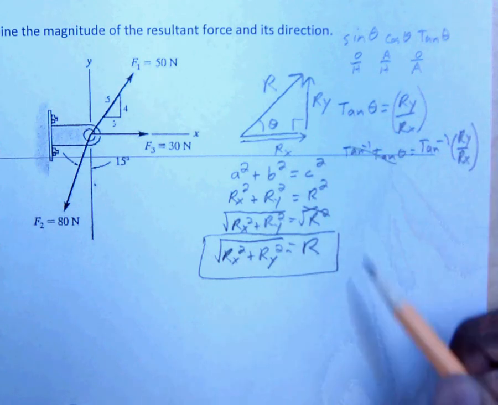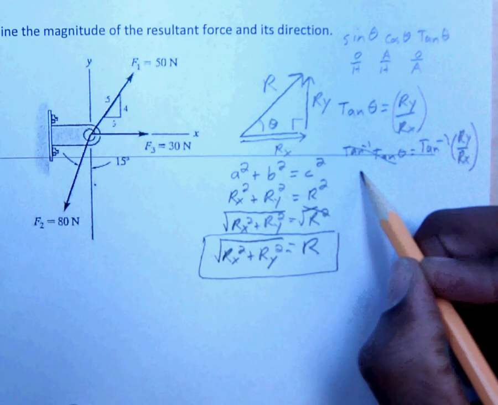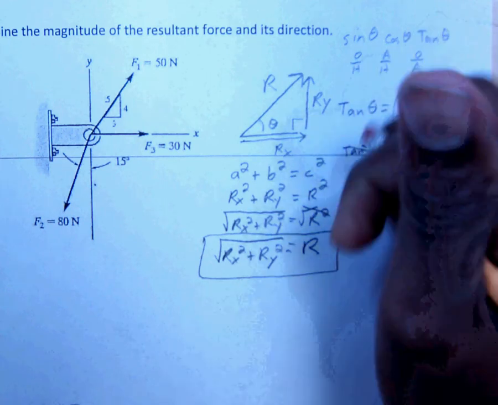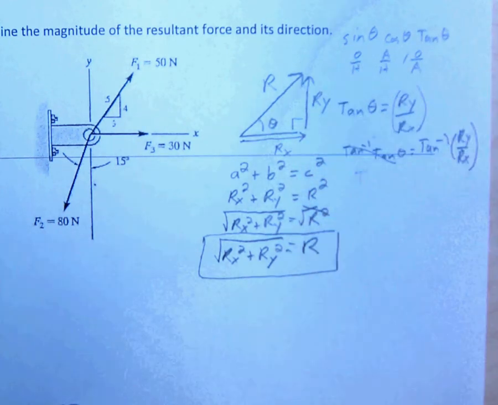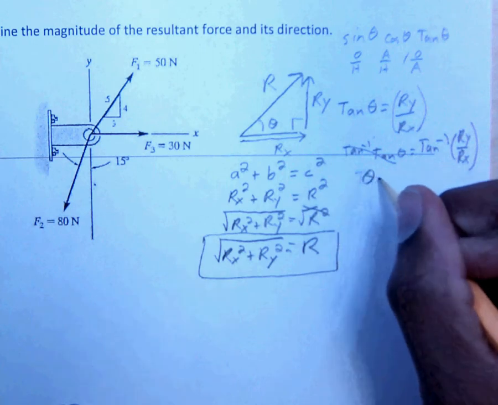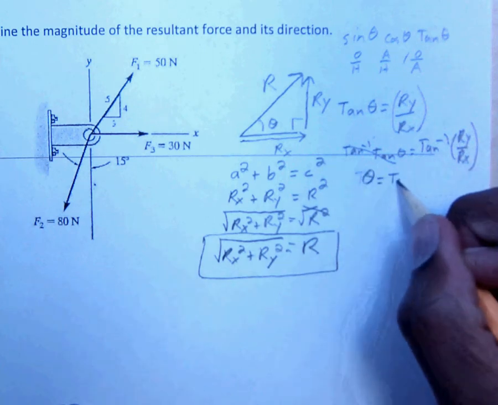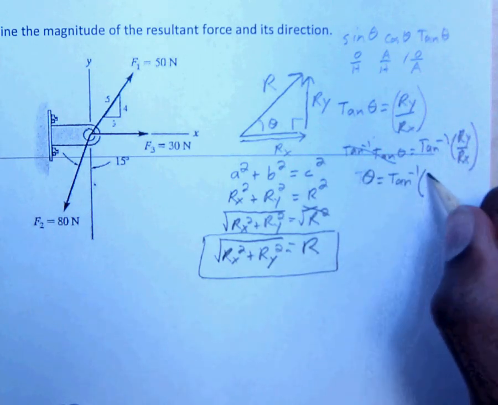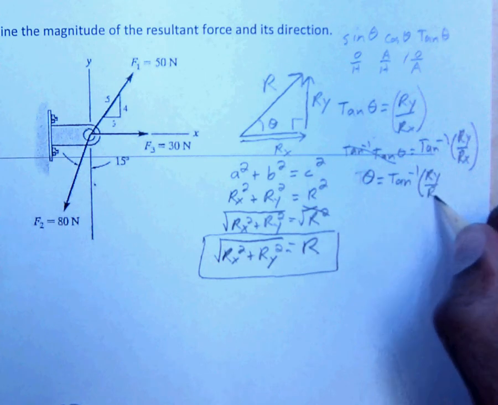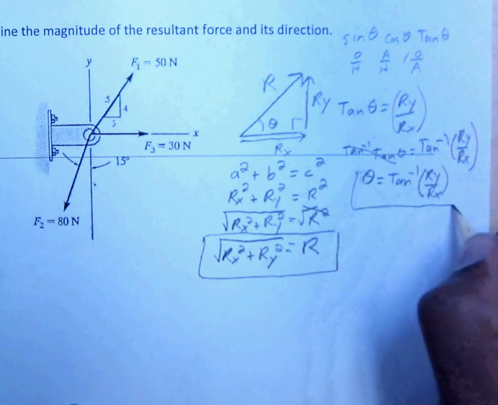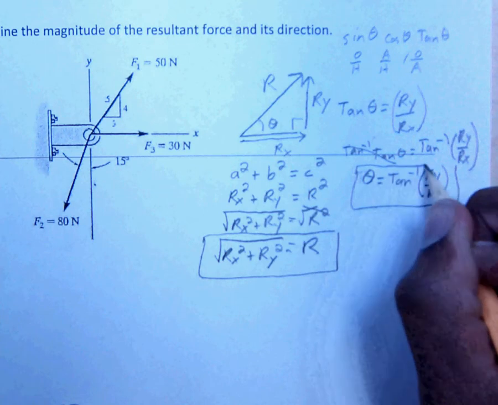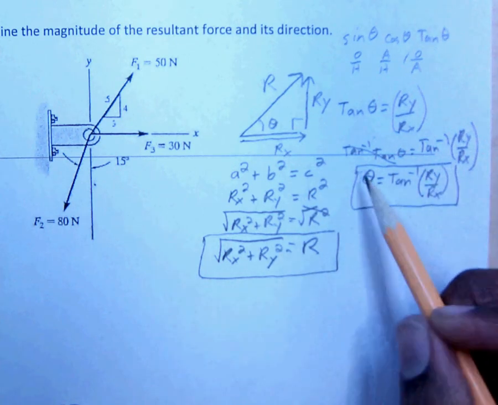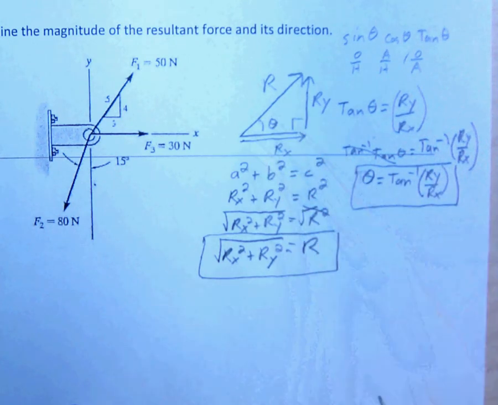These will cancel, and that gives me theta equals tan inverse of Ry over Rx. This is the other equation that you will use to determine the angle of your resultant force.